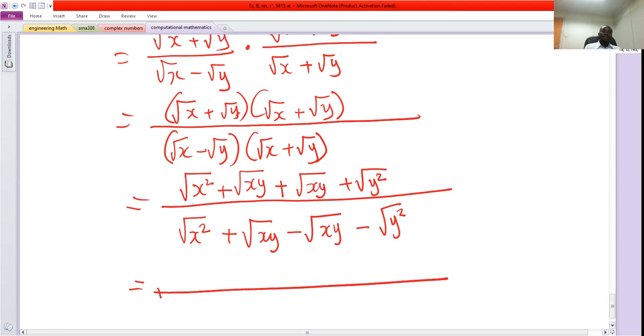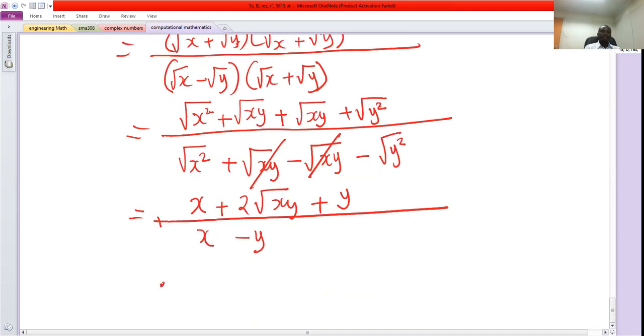And then next, square root of x squared, the square and square root sign cancel. So we have x plus, this and this are like terms, so maybe two of them, 2 root xy, and then plus square root of y squared is y, square root of x squared is x, and then this and this cancel out, square root of y squared is y.